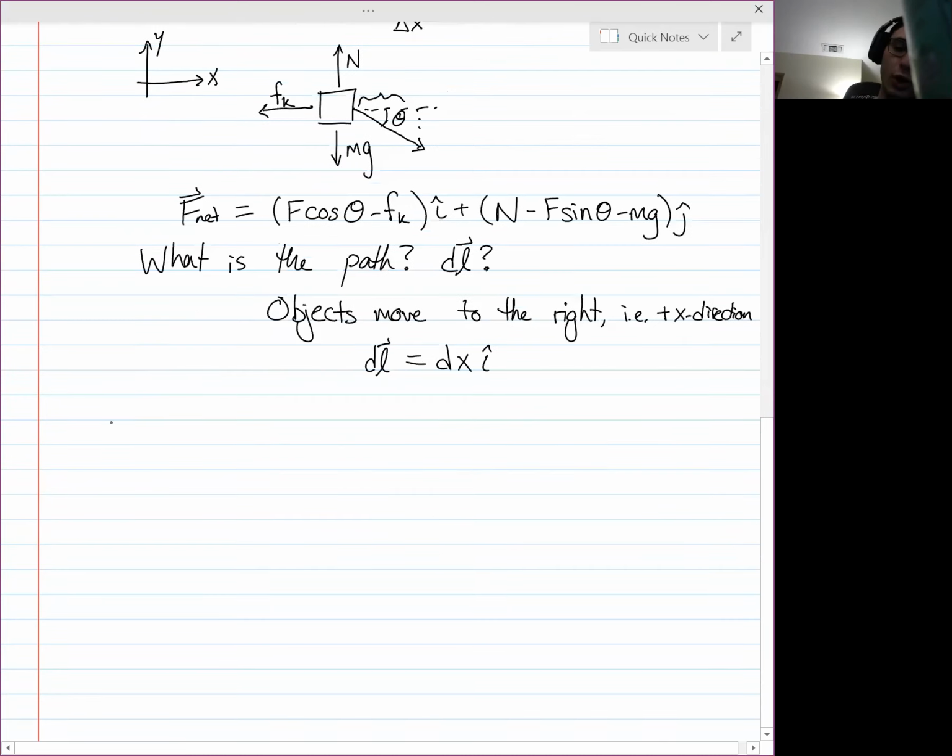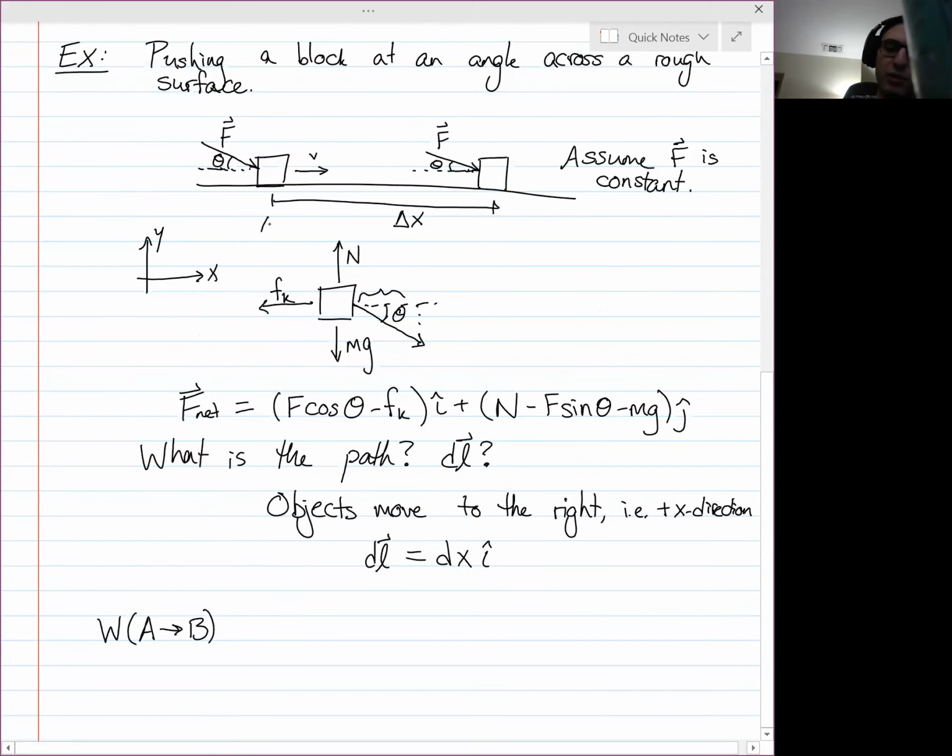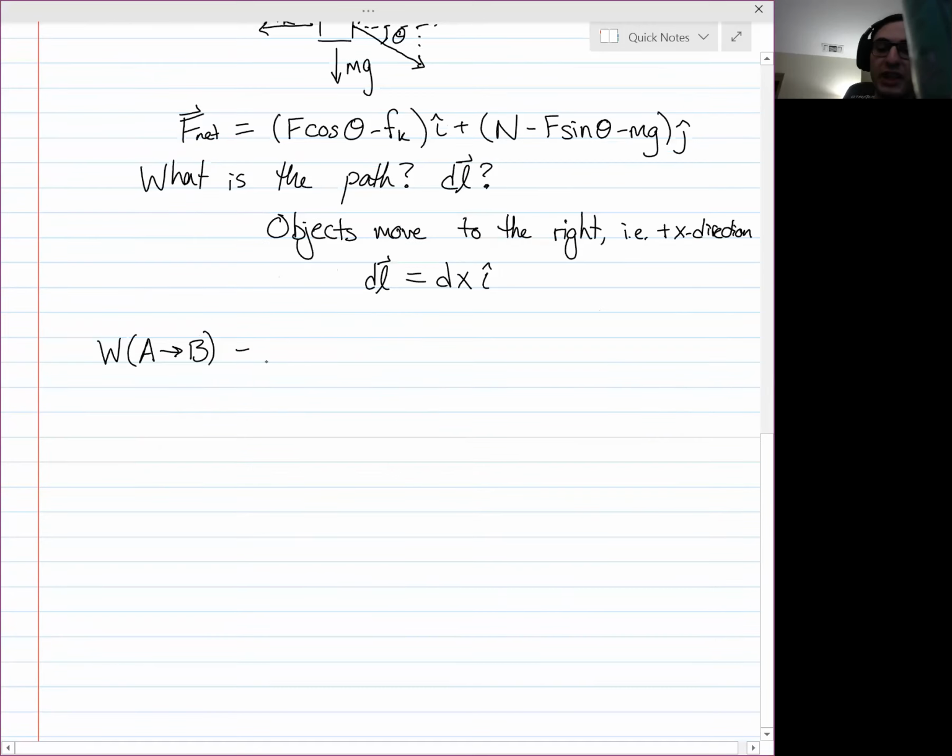So now we can compute the work. So the work from A to B, let me label this point A and this point B, we've defined to be the integral from A to B of f net dot dl. So this is equal to, well, now you can plug in things.